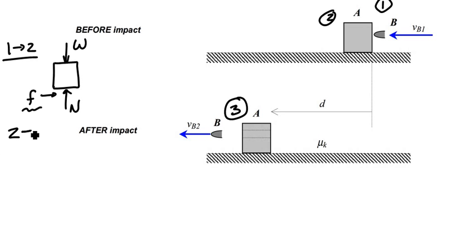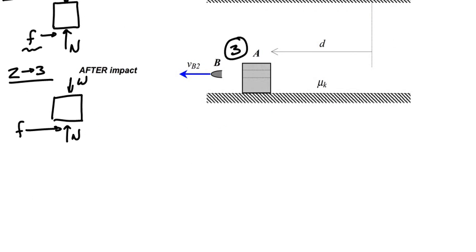If I look between states 2 and 3, I'm now going to look at just the block alone. When the block's sliding, I'm going to have some friction force F holding it back, a normal force, and the weight.